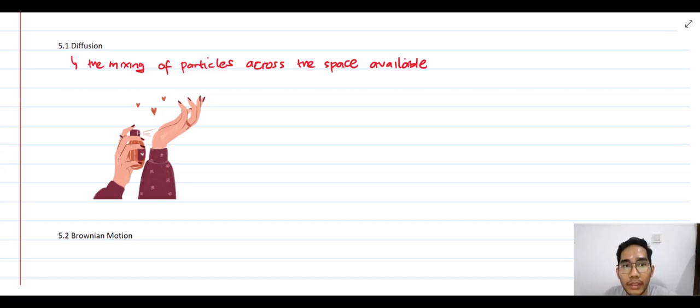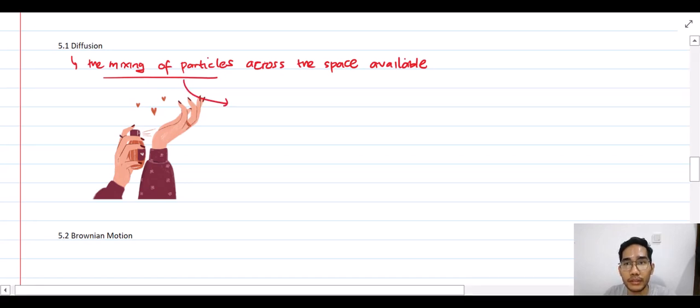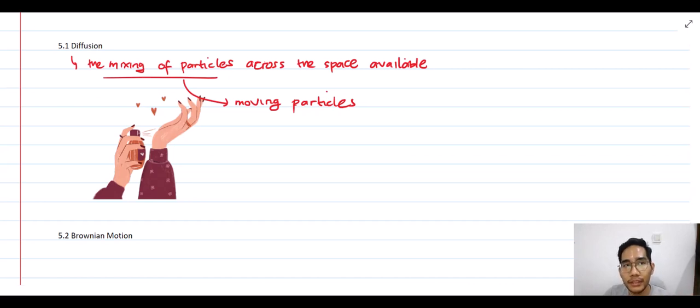Yeah, remember from our previous lesson that all particles are always in motion, but not arbitrary motion. The motion that is responsible for diffusion is the moving of particles. Because diffusion needs particles to move, it only happens in liquid and gas.